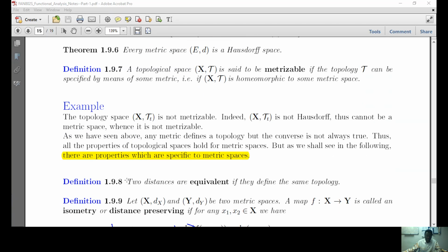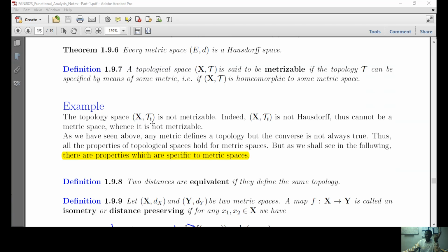Now we have an example here. Example: the topological space (X, T_t) is not metrizable. Where T_t here stands for the trivial topology.